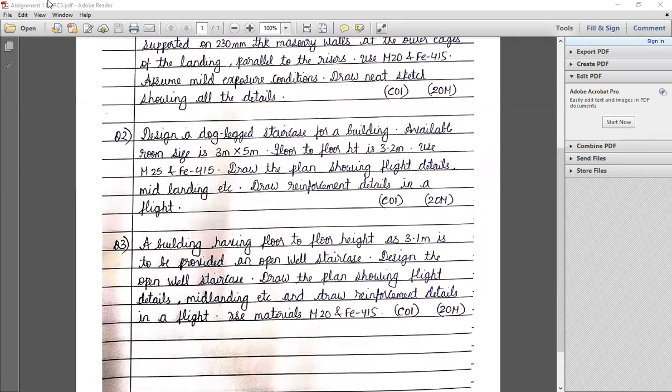Now give me the values of the bending moment and shear force.